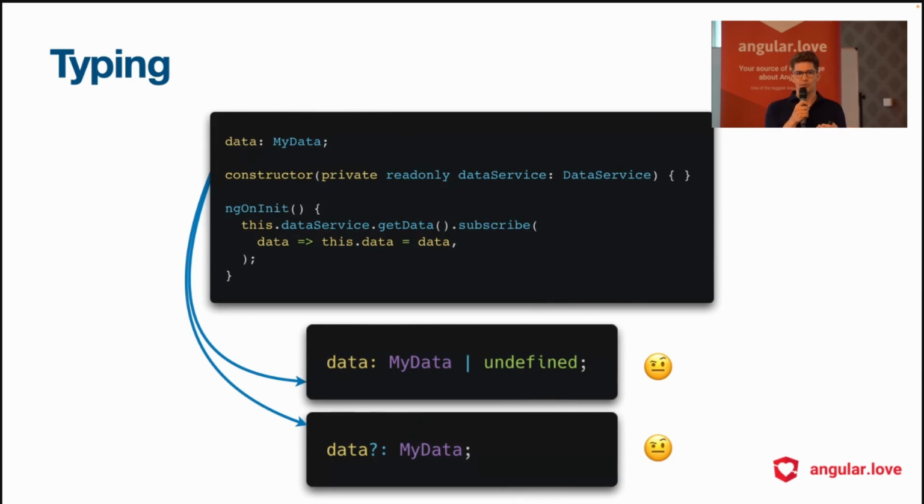If I open a component written by someone else, and I see an optional property, I will have basically no idea what's going on, like why this property is optional. Is there maybe some business case in which the component works in two different modes, maybe for creation and addition of some DTOs? And in one case, it can actually be undefined.